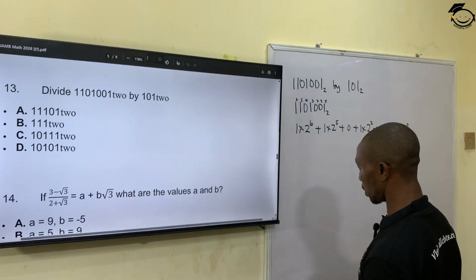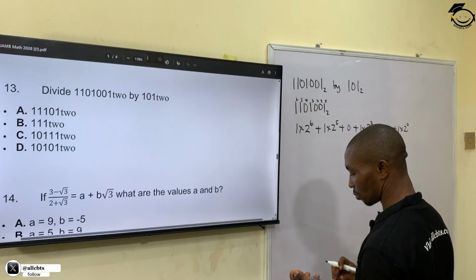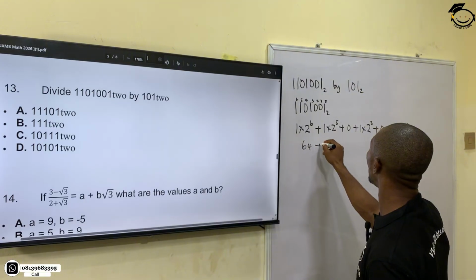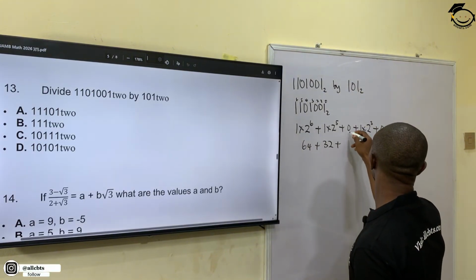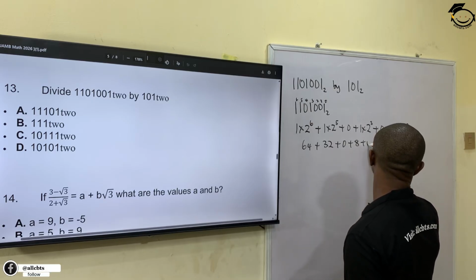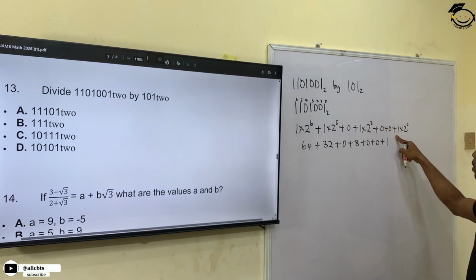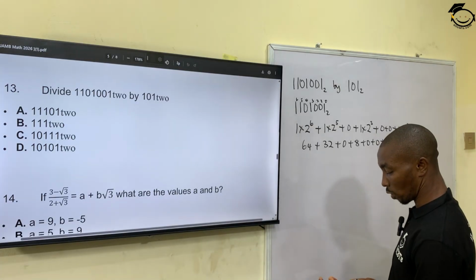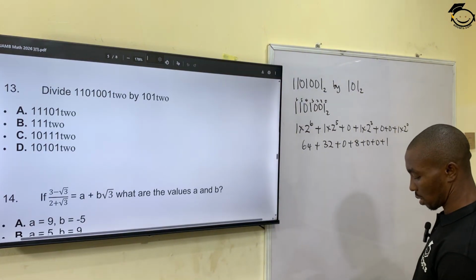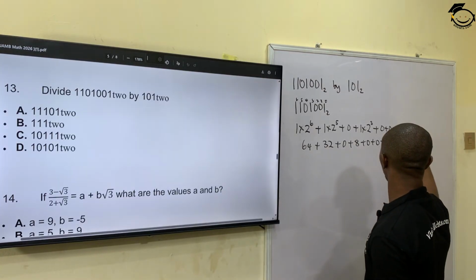So 1 times 2 to the power 6 gives us 64, plus 32, plus 0, plus 8, plus 0, plus 0, plus 1. Anything raised to the power 0 is 1. Now this will be 64 plus 32 plus 8 and 1, which gives us 105. So this equals 105 base 10.